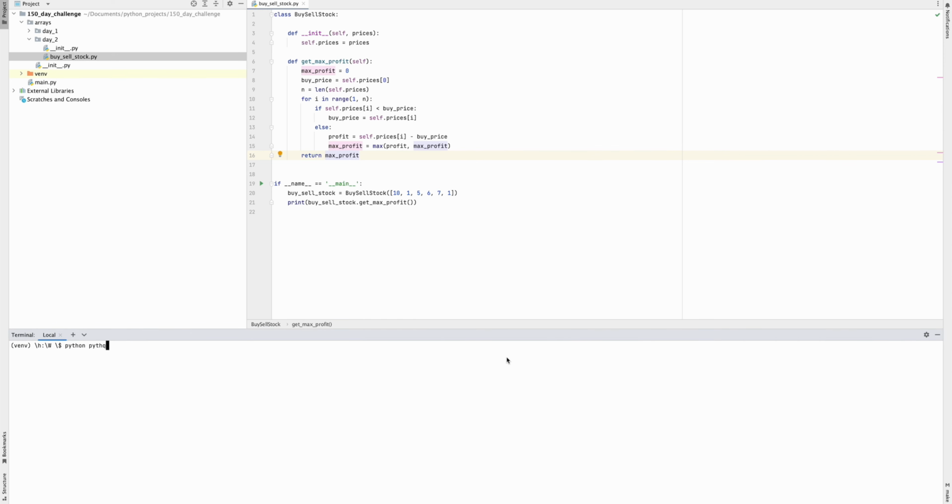I've already typed the command, and given the file name, as you can see it is returning the maximum profit of 6, which we just went through. Let's do the other example also, where we had 10, 8, 7, 5 and 2. It should ideally return the maximum profit of 0. So let's run it again, and it is returning a maximum profit of 0.